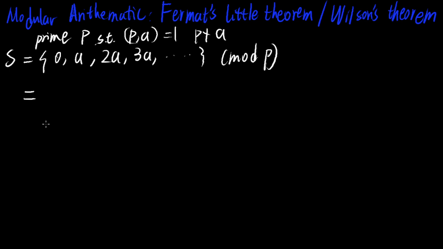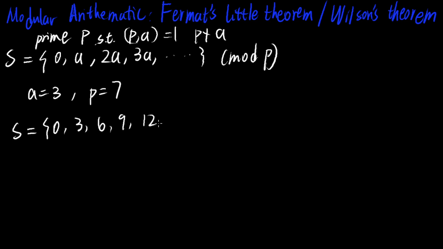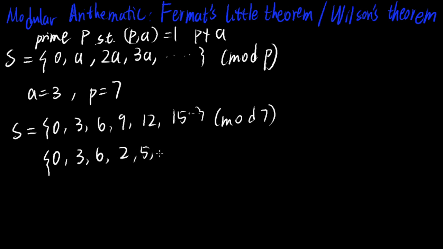And we can look at an example. We can first see when a is equal to 3 and p is equal to 7. We see that S is 0, 3, 6, 9, 12, 15, etc. When divided by 7, we get the remainders 0, 3, 6, 2, 5, 1, 4.